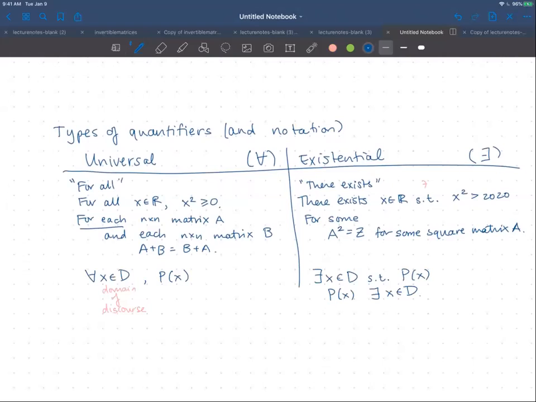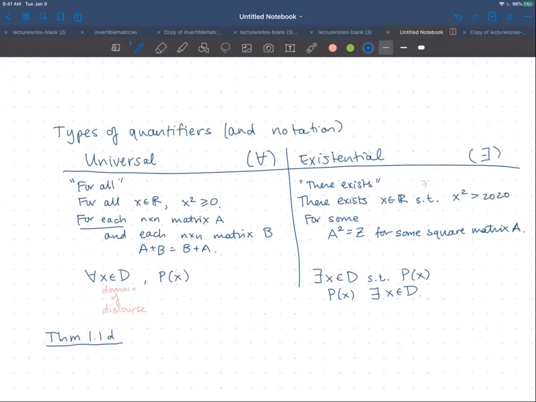So let's think about some of our matrix theorems. I'm going to rewrite one of our matrix theorems about addition using this super formal logical notation and everything. So this is theorem 1.1d, which colloquially says every matrix has an additive inverse. Okay, but here's how we would say it in logic.